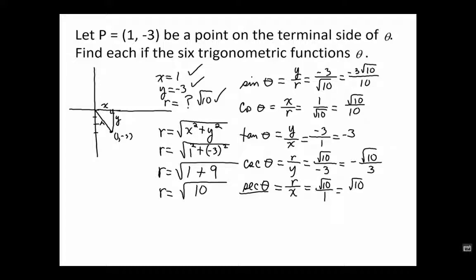And the last trigonometric function is the cotangent of theta. The cotangent of theta is defined to be x divided by y. X is 1, y is -3. So what do we get? -1/3.